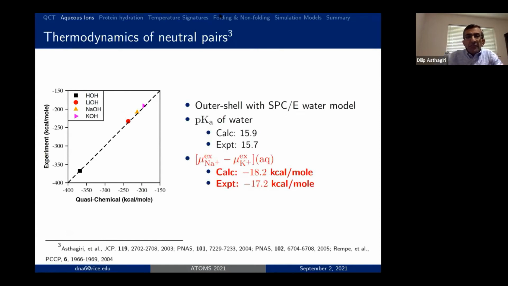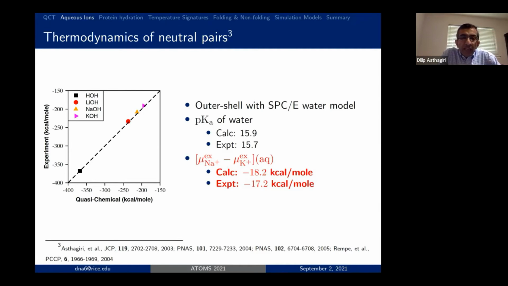These are thermodynamics of neutral ion pairs, going from HOH, so a proton and a hydroxide, all the way to potassium and a hydroxide. We are able to get the pair hydration for neutral pairs. And this is a well-defined thermodynamic quantity in extremely good agreement with experiments. For example, we are able to predict at 298 Kelvin the pK of water to within 0.2 units.